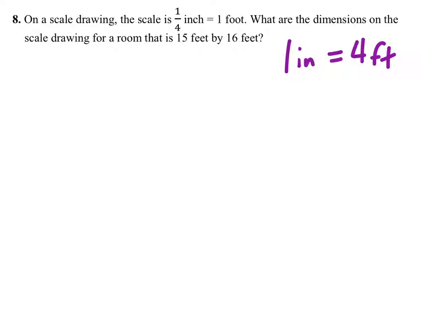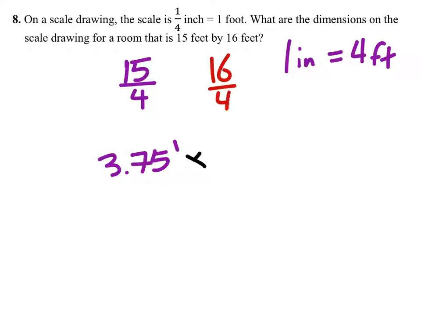In this case, we got 15 feet, which means we could take the 15 and divide it by 4, which would be 3.75 feet. And 16 divided by 4 tells the inches as well, and that would be 4 inches. It's supposed to be inches right there.